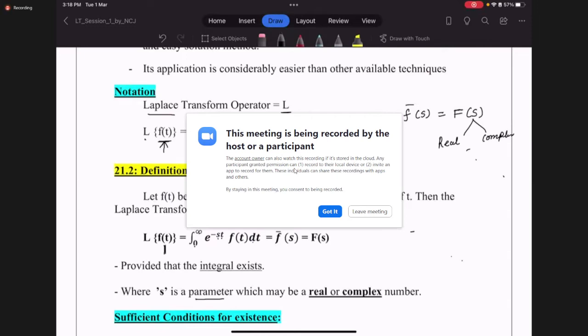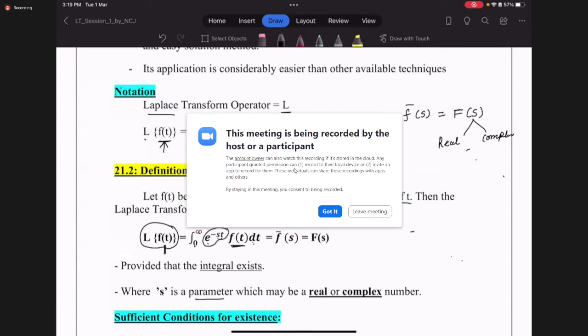Okay. Now what is the definition of Laplace transform? f(t) must be what kind of function? It's a function of t defined for all positive values of t. Then if I want to find the Laplace of f(t), it is nothing but the integration from 0 to infinity of e raised to minus st f(t) dt.